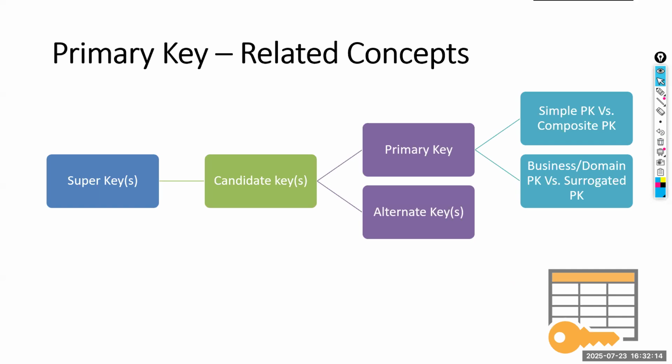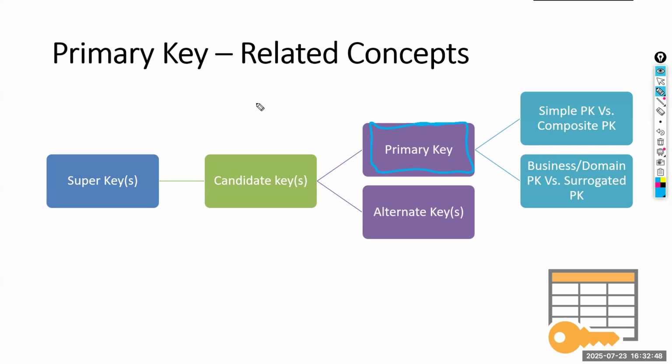So that concept of identifier is translated to the concept of key in designing. And there are different types of keys, different variations of keys. So our main concept is primary key.